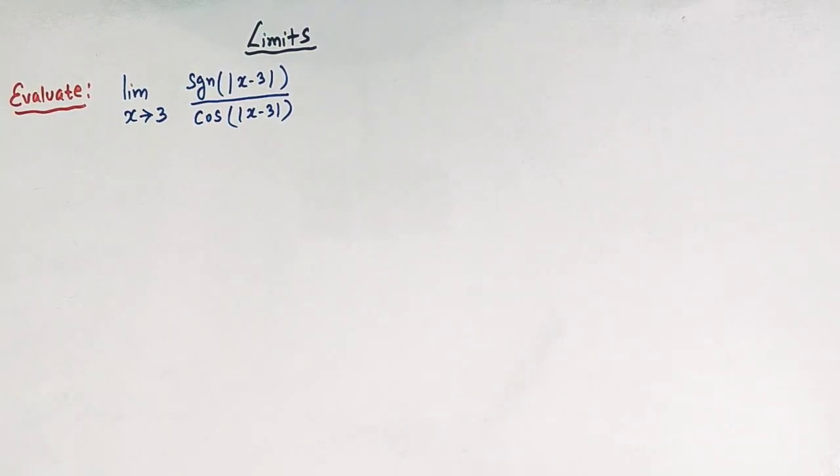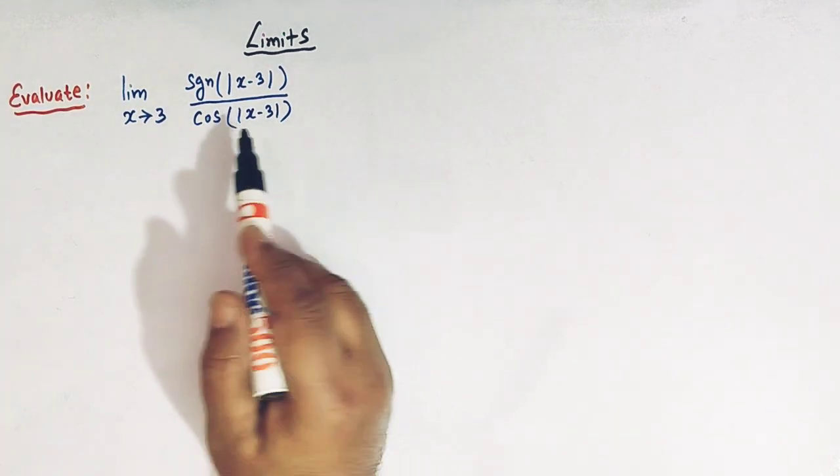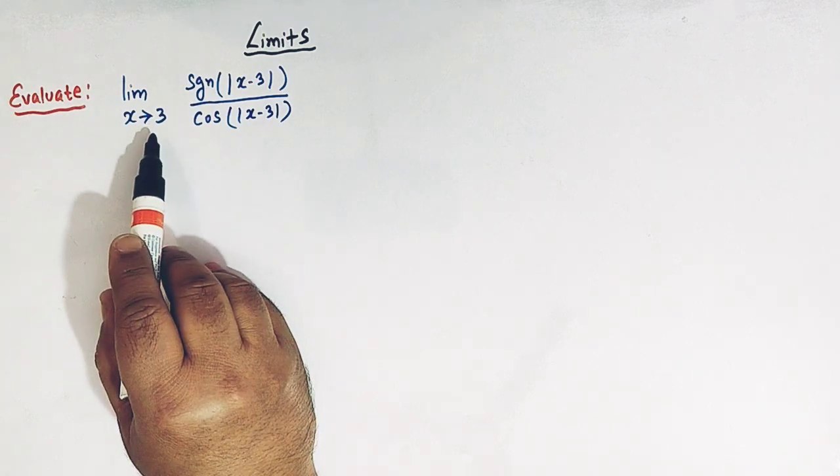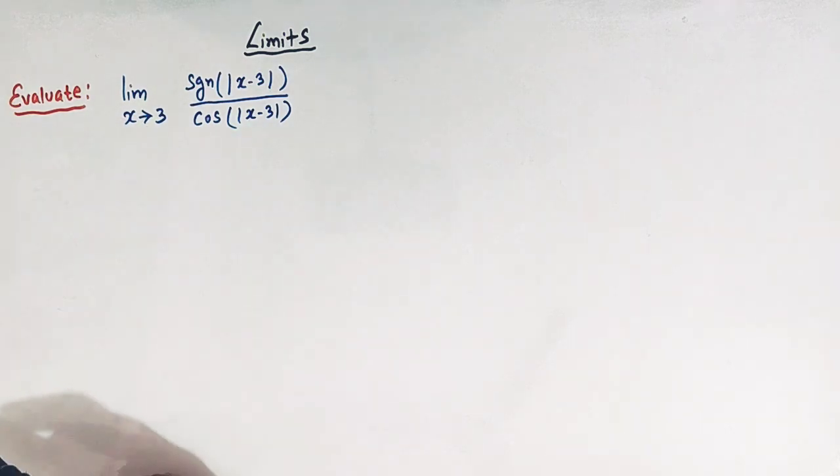Hello viewers, in today's class we are going to discuss yet another important and very conceptual problem from limits, right? Here we have to see whether the limit of this function when x approaches 3 exists or not.